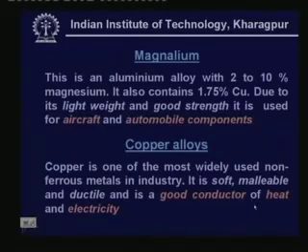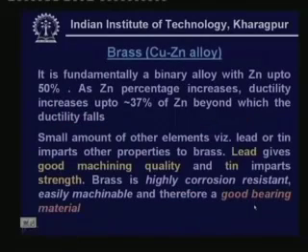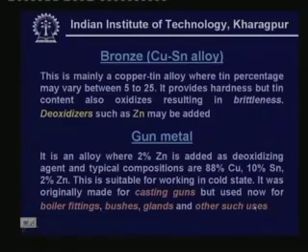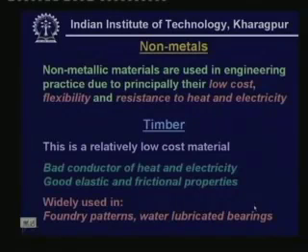Then we have the copper alloys, which are brass, bronze, gunmetal. Now we will be talking about the non-metals. But whatever we have learned in today's class, we keep the study of non-metals for the next class. And today we know about two important groups of materials in machine design.